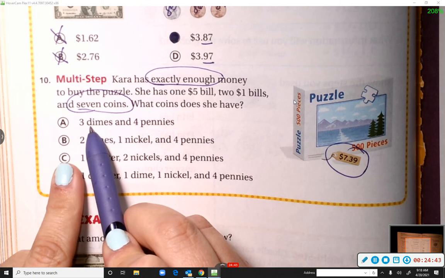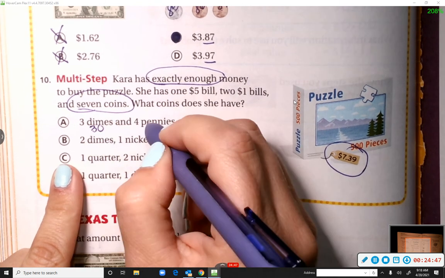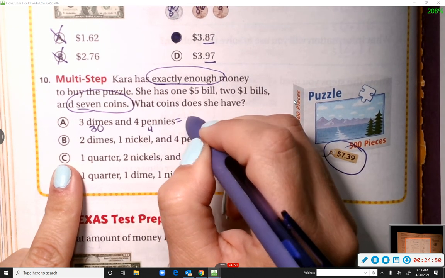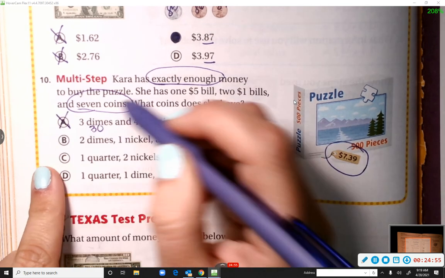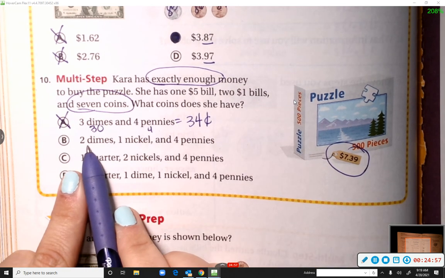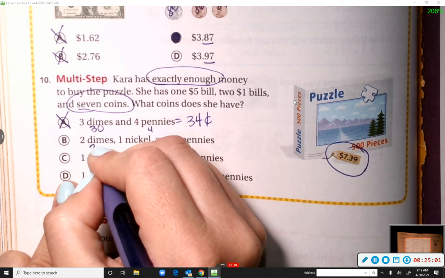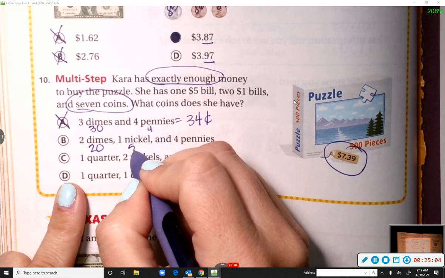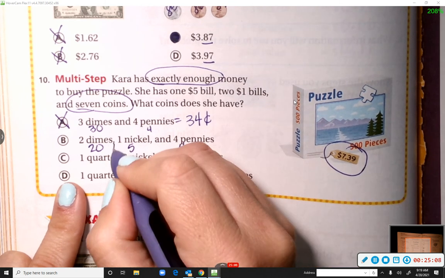3 dimes is how much? 30 plus 4 pennies is 34. Okay? That's not what we need, so we can eliminate A. Okay, B, I have 2 dimes. How much does that equal? 20 plus a nickel, 25 plus 4, 29.